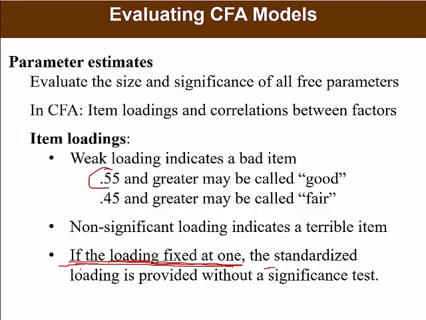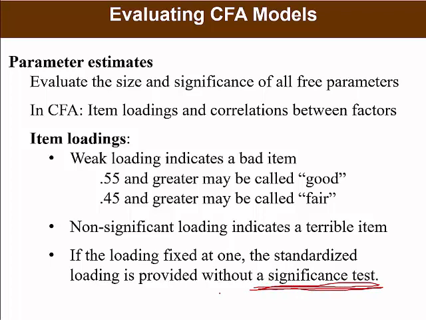I'd still get the exact same standardized solution, because in the standardized solution, it won't be 1, it'll be whatever the standardized value is. The unstandardized solution is what we're constraining to be 1, and the standardized solution will give us the exact same standardized values regardless of which item we constrain to have a perfect loading on its factor. So that won't make a difference for the standardized loadings. However, it will make a difference for one little thing that usually doesn't matter: whichever item I pick as my scaling item, with a unit loading on my factor, we cannot do a significance test for that item.